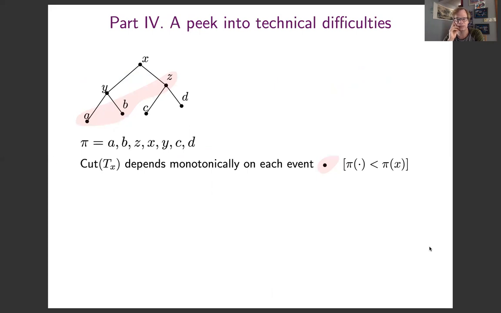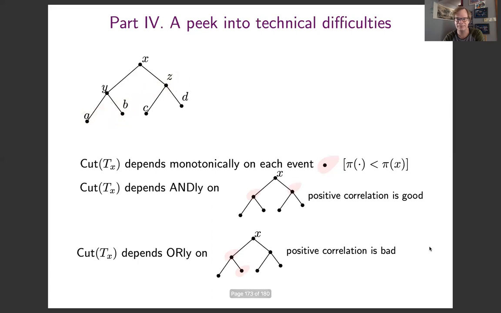So for 2 more minutes, let's peek into these technical difficulties. We have already seen the cut depends monotonically on each of these events, right? So these events happening can only be good for the cut. But if you look closer, at these 2 events here, the positive correlation is good because cut of Tx depends andly on these 2 variables.